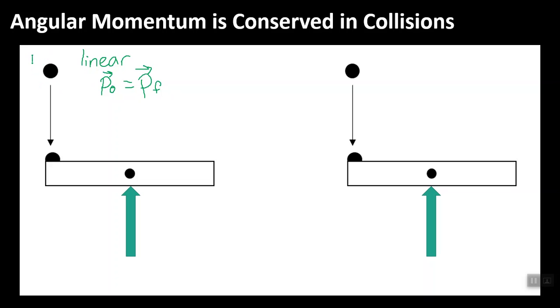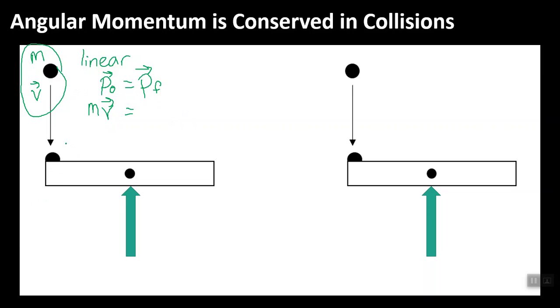So if we have this ball of mass m coming in with a velocity v, then obviously this ball has some initial linear momentum. It is moving at a velocity. But if this bar is at rest initially, it does not have momentum. So initially, all of the linear momentum is made up in this ball moving in a straight line.